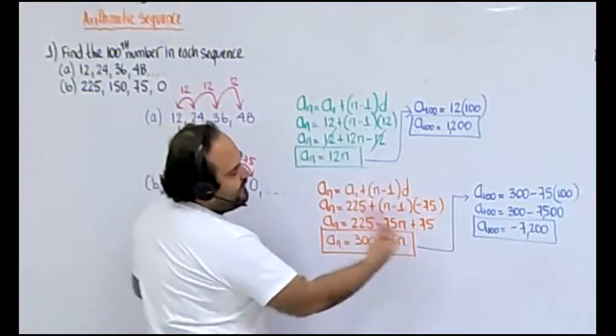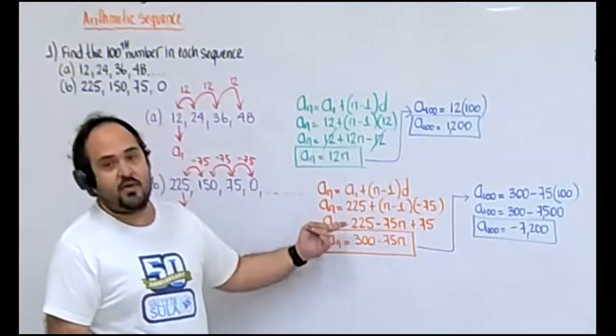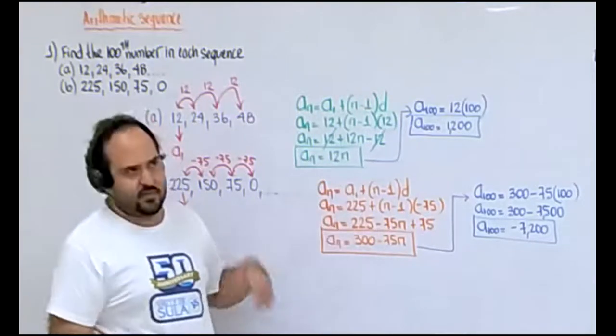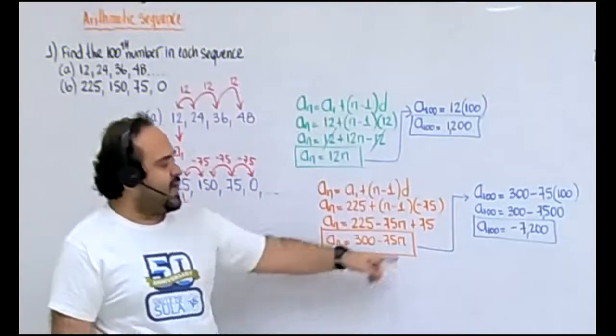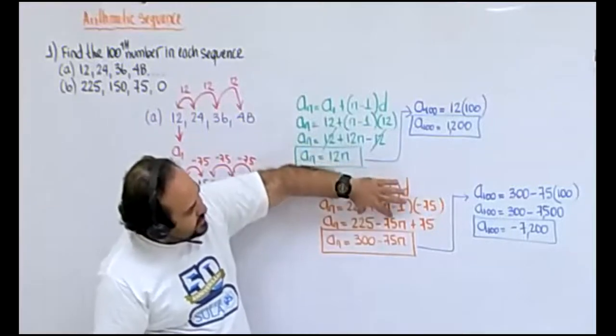Because we have two like terms, what are the like terms? The like terms are the numbers that don't have a variable. In this case, positive 225 and positive 75. Be careful to add these two numbers.